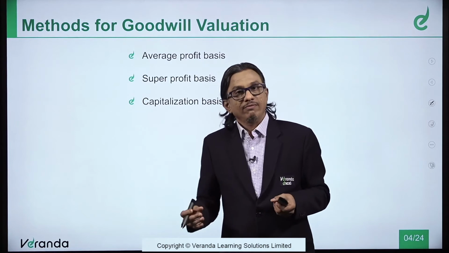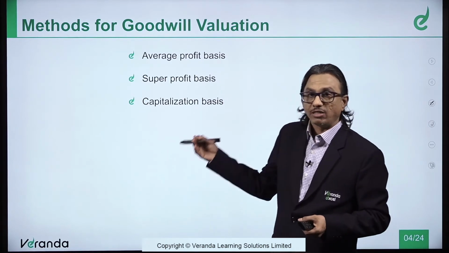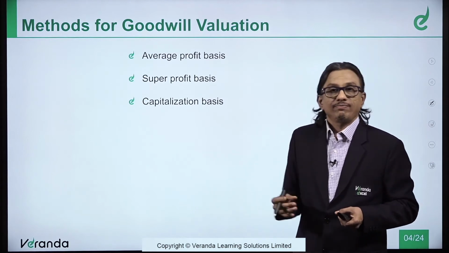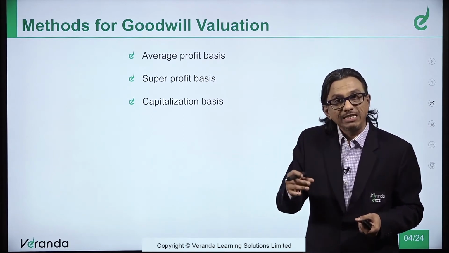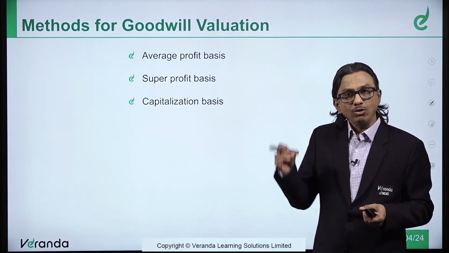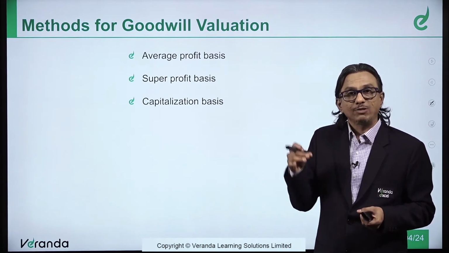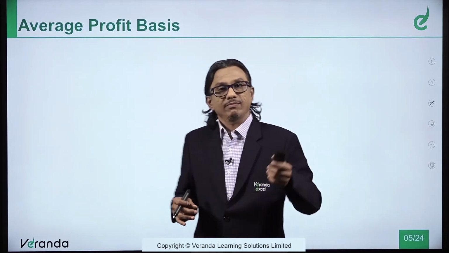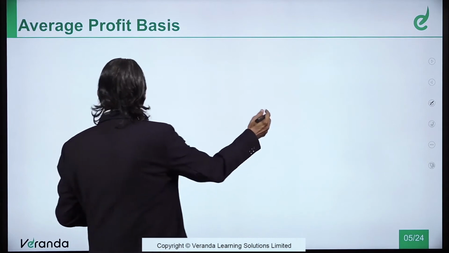Therefore, whether you follow average profit method or super profit method or capitalization method, profit is the basis for calculating the goodwill. Now, how to calculate goodwill by average profit basis? We will see the formula for this.